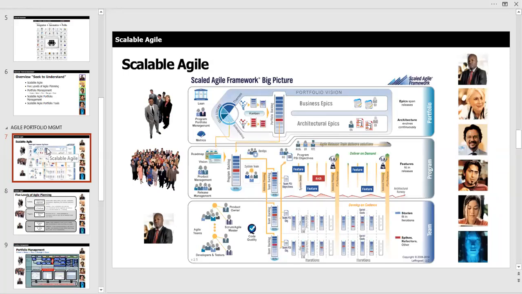My software company was lean back 20 years ago. I would say that today we'd be scalable Agile, the SAFe framework.